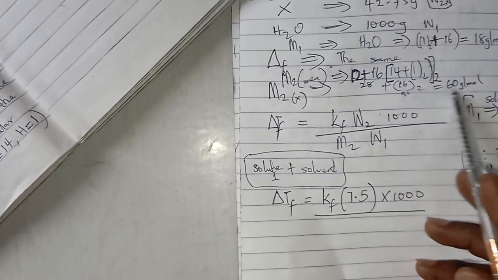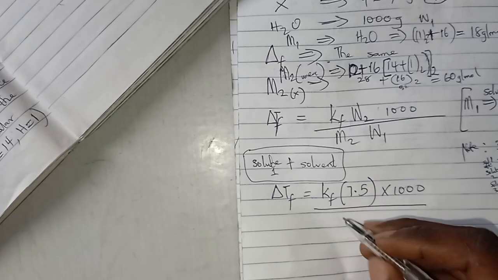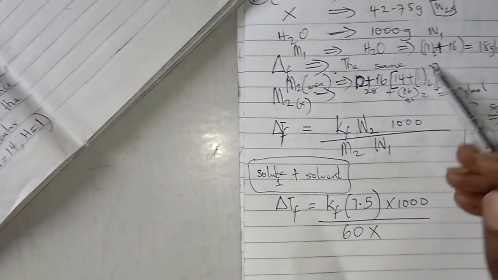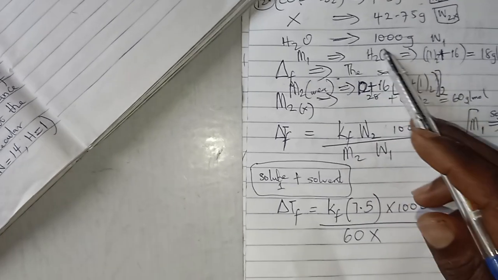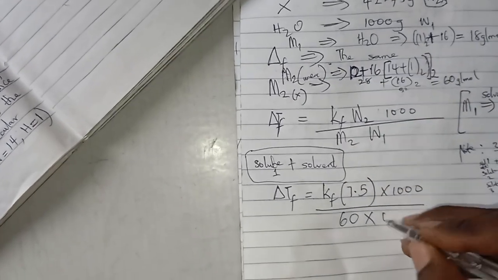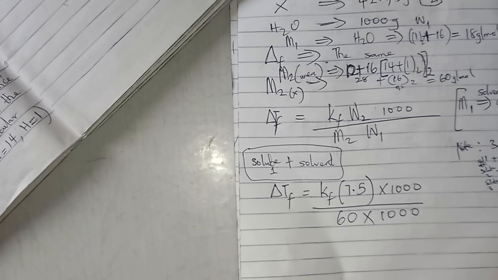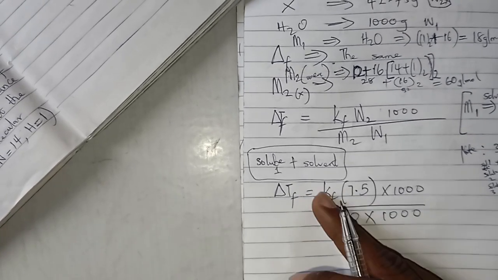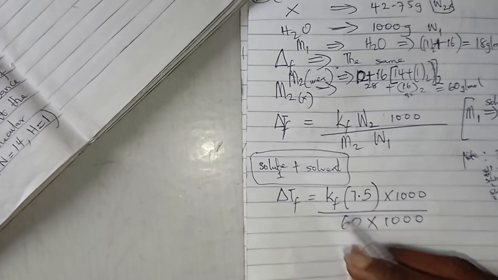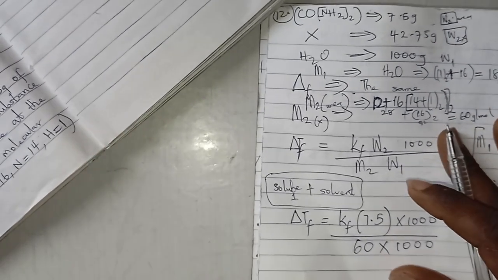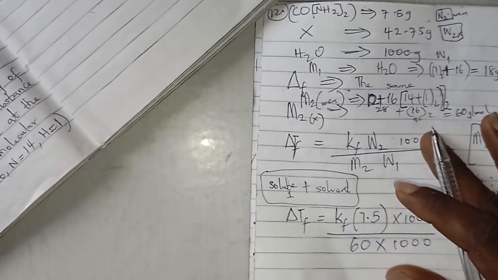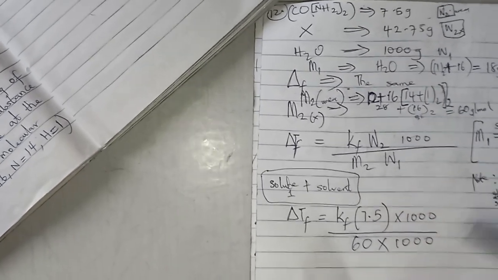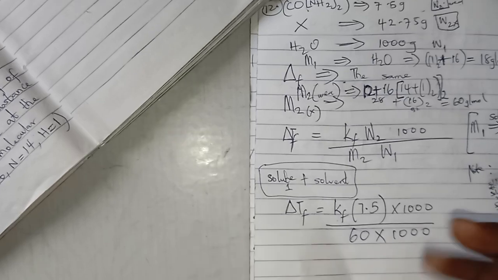M2 that we just got for urea is 60, then times W1, the weight of water, that is the mass of water, times 1000. We don't know the Kf. We can use 0.52, or we just leave it.